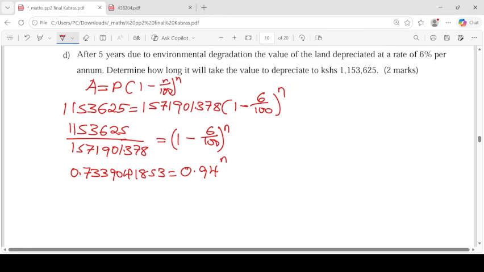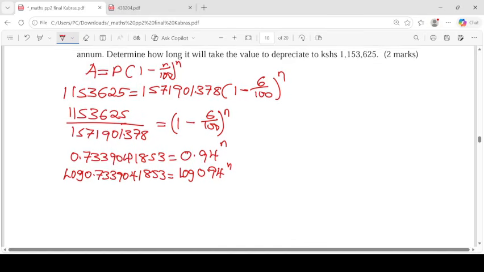For us to get the value of n here, we are going to introduce log on either side. So this will now be the log of 0.7339041853 is equal to the log of 0.94 to the power of n.